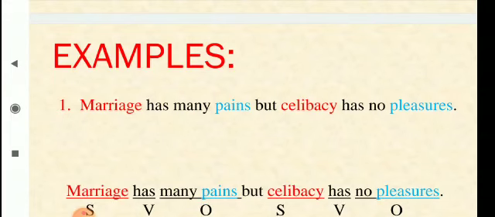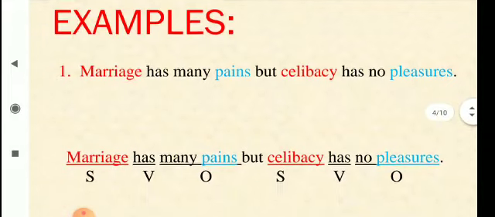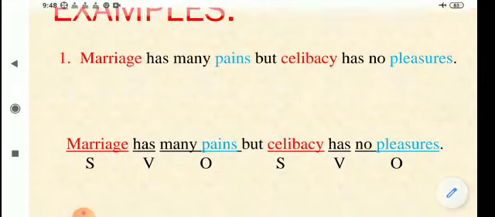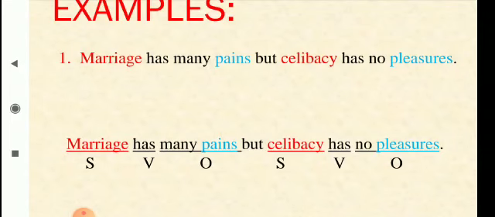Now we come to the second thing, that is a parallel grammatical structure. Now you see the parallel grammatical structure in this sentence. Marriage has many pains. Marriage is the subject, has is the verb, many pains is the object. Celibacy is the subject, has is the verb, no pleasures is the object. Now see, the grammatical structure of both clauses is SVO, SVO.